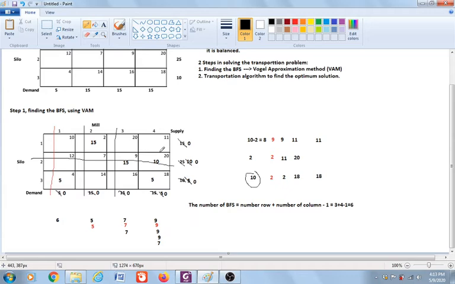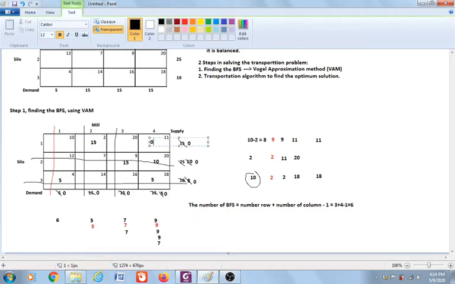So the better thing that we can do is to cross out row number 3. Okay. Now we have the last cell that we have not crossed out, which is cell 1, 4. So the supply is 0 and the demand is 0, so I can allocate 0. Okay.